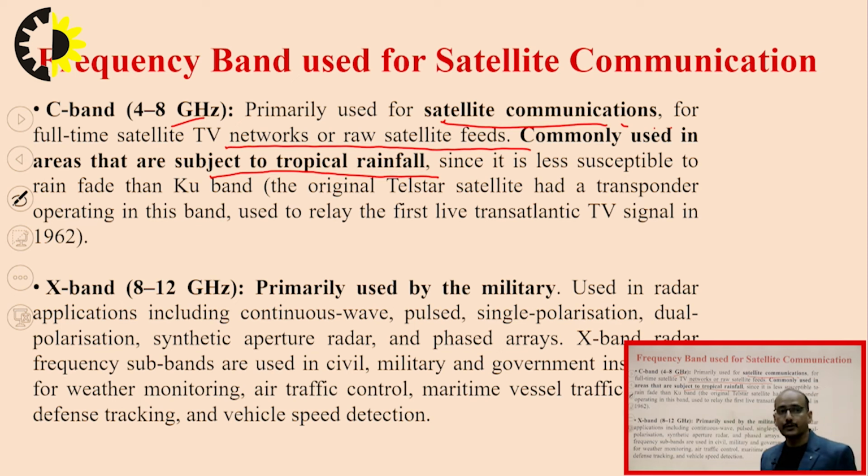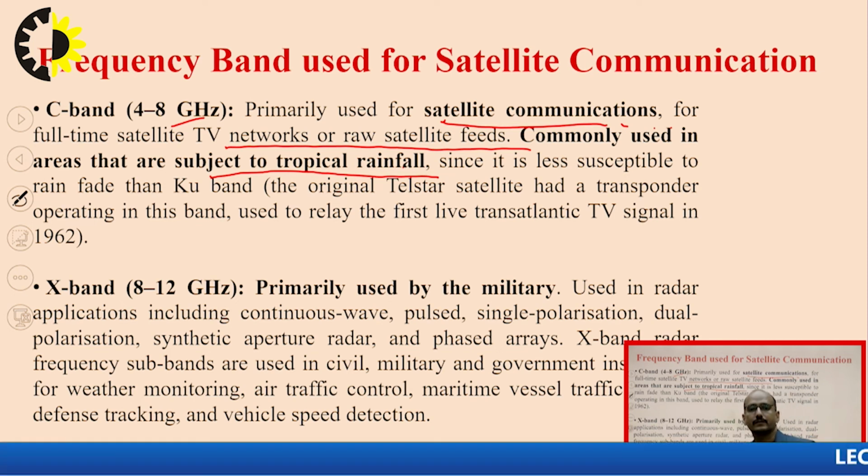As I told you in the uplink and downlink frequency slide, C band is widely used because this particular C band has the least attenuation or path loss due to rain. That's why C band is used for satellite communication with full-time satellite TV networks.